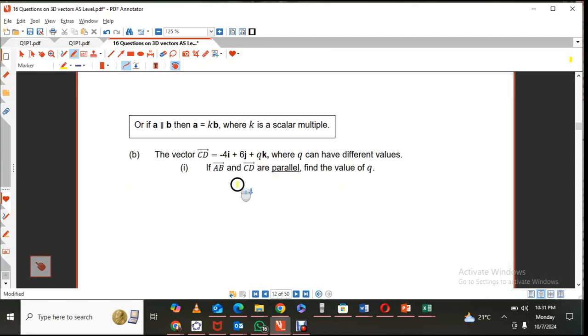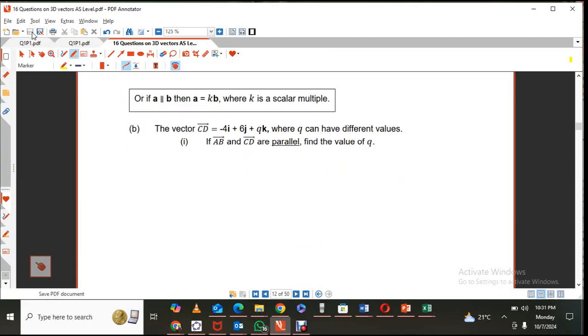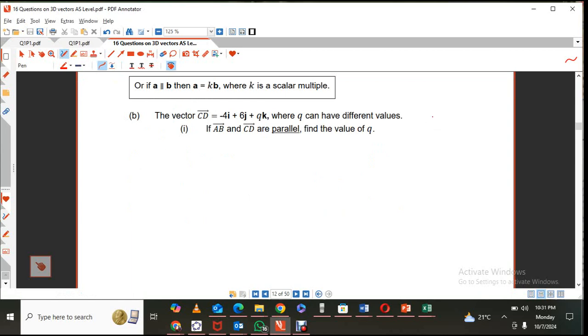Right, let's go into part B of the same question. They are saying the vector CD is -4i plus 6j plus qk, where q has a different value. And they say if AB is parallel to CD, find the value of q. Here's the thing about parallel vectors.